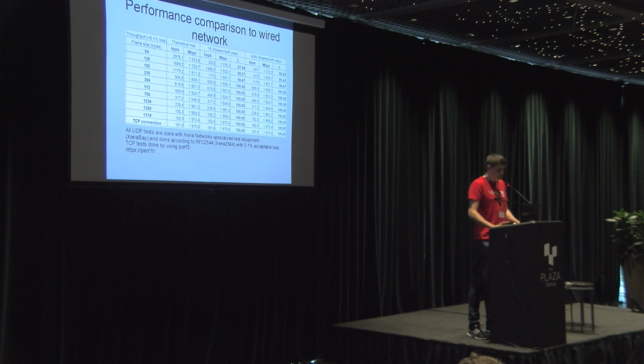Here we can see performance comparison to a wired network. We can see that if we use 64 to 192 byte packet sizes, we can't reach the same speed as for the wired cables, but for packet sizes over that, starting from 269 byte packets, it is the same as for a wired network.